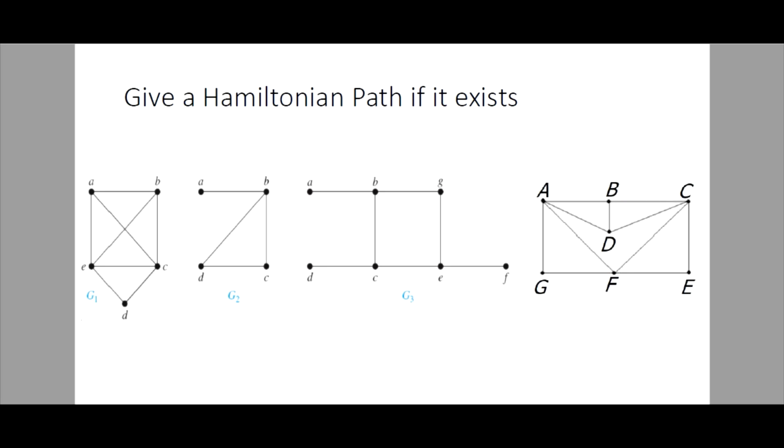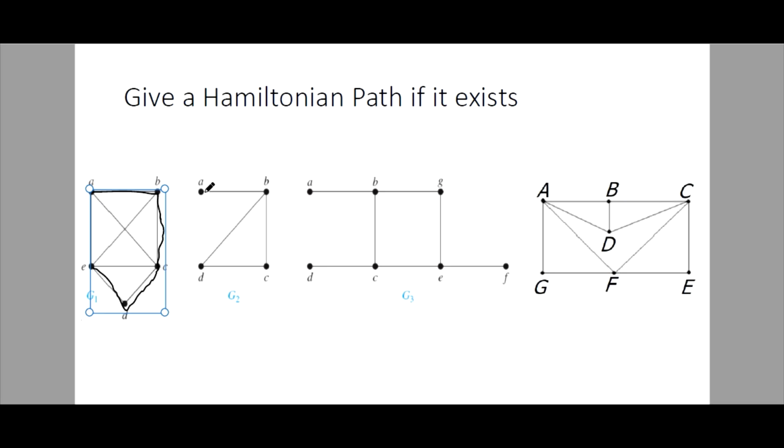So let's have this. Give a Hamiltonian path if it exists. Say one of the Hamiltonian paths of the first graph, we can have A to B to C to D to E. Okay, you can have other Hamiltonian paths as well. You may start at B, you may start at C, you may start at D, or you may start at E, as long as you can visit all the vertices once.